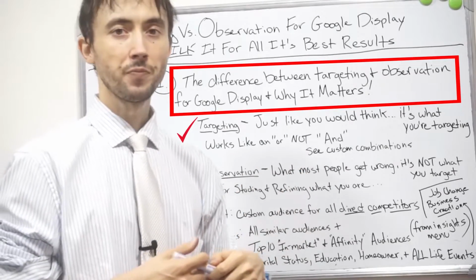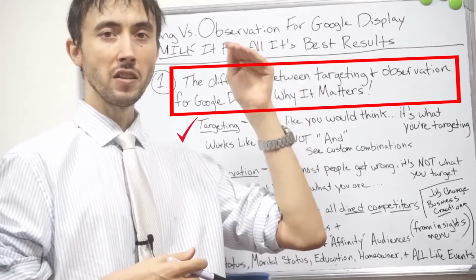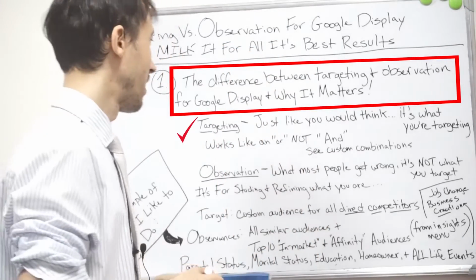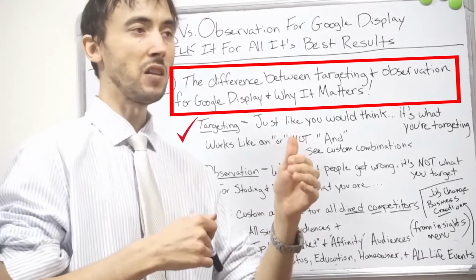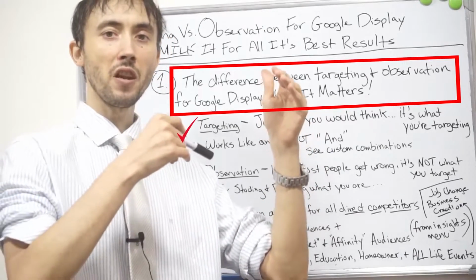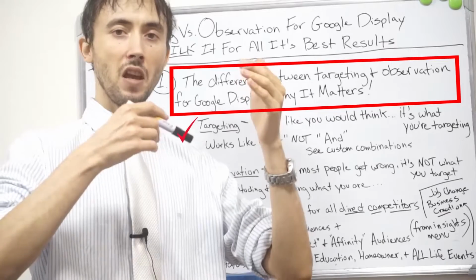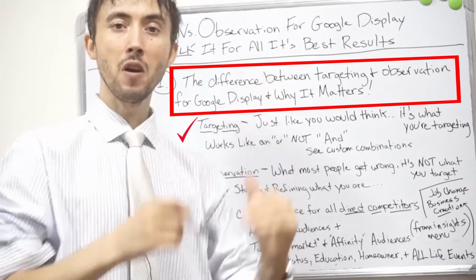So in other words, if you put in two targeting settings and you have the targeting radio button set up like that, just keep in mind by default, let's say you were targeting baseball memorabilia and baseball fans.